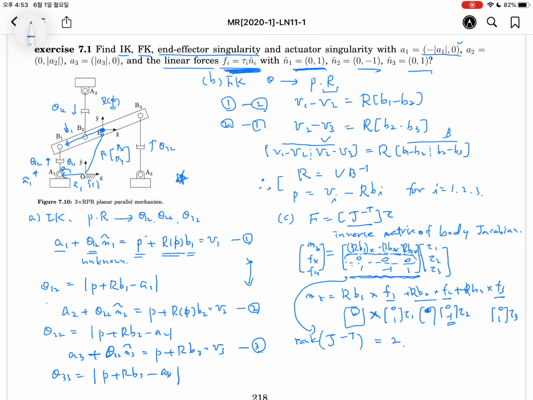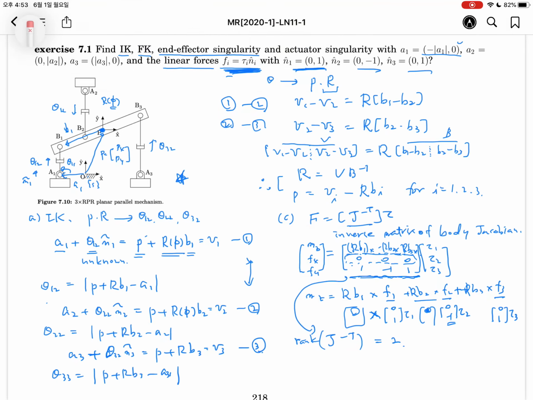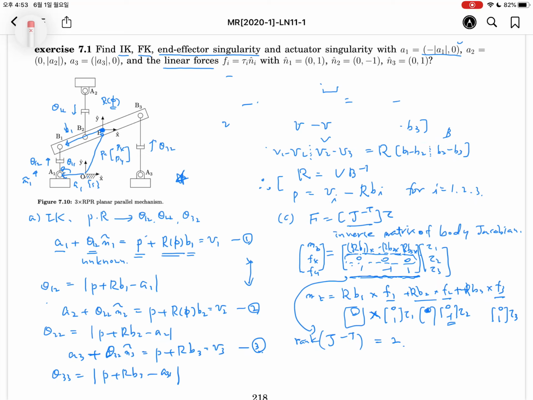I will reply when you ask something in the textbook. One more, we will find out the actuator singularity from this configuration.